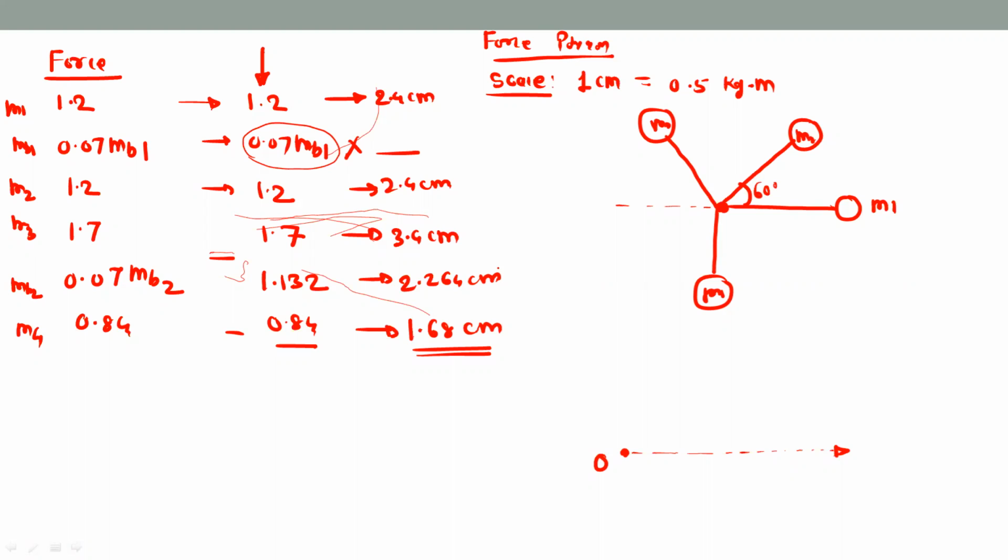Draw the first vector, that is for mass M1. Value is 1.2 and its length is 2.4 centimeter. From point O on this side, which is parallel to M1, draw the vector.